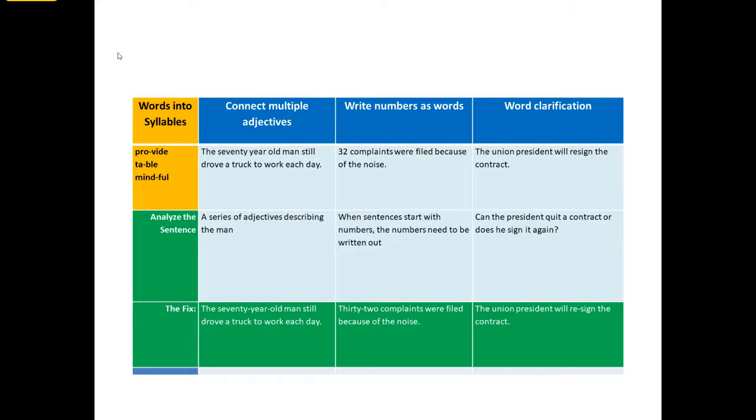As this chart shows, we have words into syllables. So the example is provide, and you divide it into different syllables. We have PRO hyphen VIDE, provide. We can also use the hyphen to connect multiple adjectives. The example here is, the 70-year-old man still drove a truck to work each day.